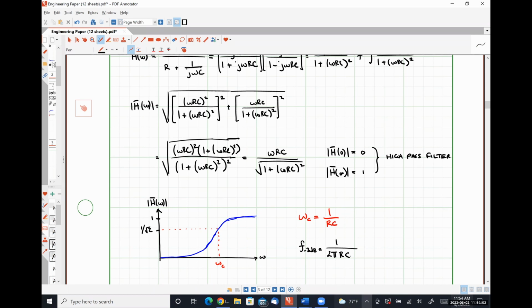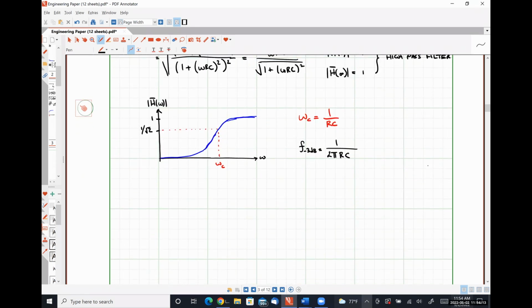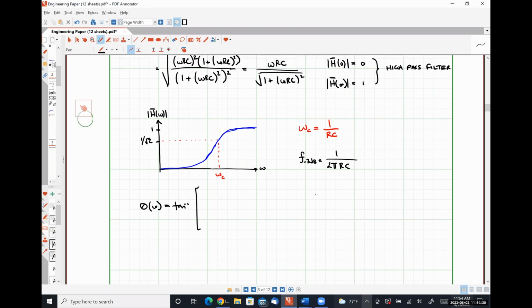All right, so we have pretty, oh, actually, I have to do the phase response. Do that real quick. Theta as a function of omega will be the inverse tangent of the imaginary part. So that was omega RC over 1 plus omega RC quantity squared divided by the real part.